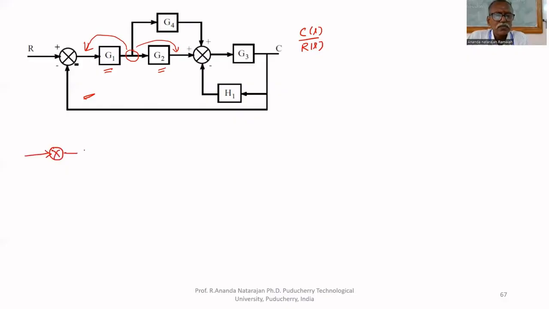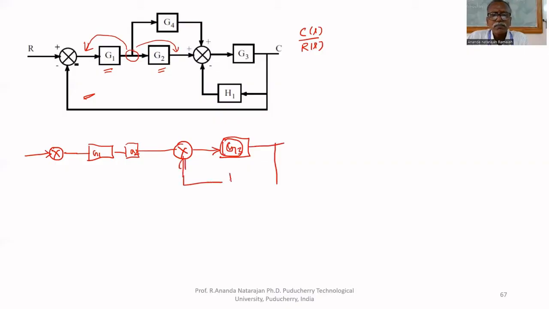So what we can do is G1, G2, G3, here G1, G4.